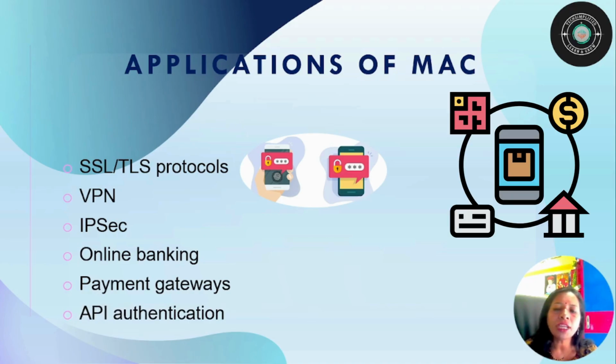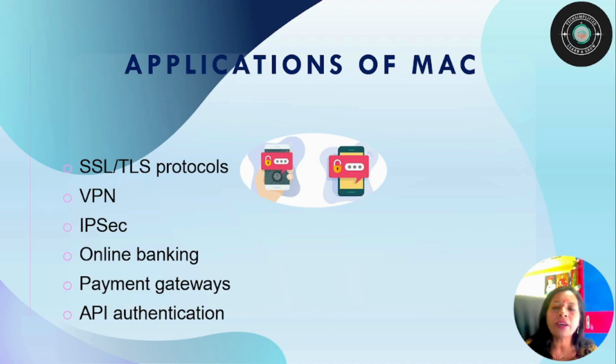Modern applications communicate using APIs. MAC-based authentication ensures that requests are genuine, data is not altered, and unauthorized systems cannot send fake requests. Many cloud services use HMAC-based authentication for APIs.